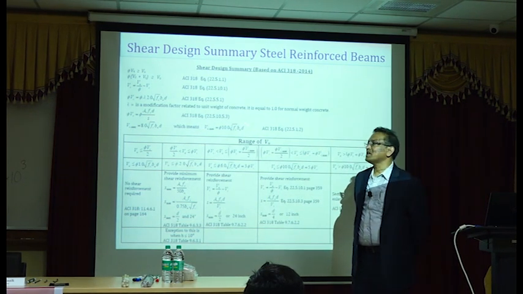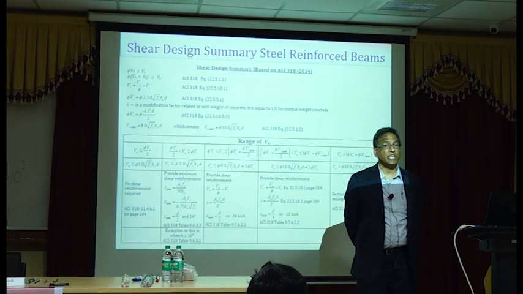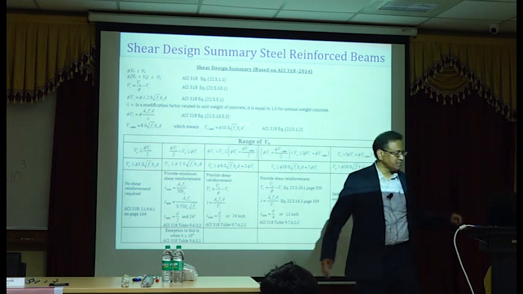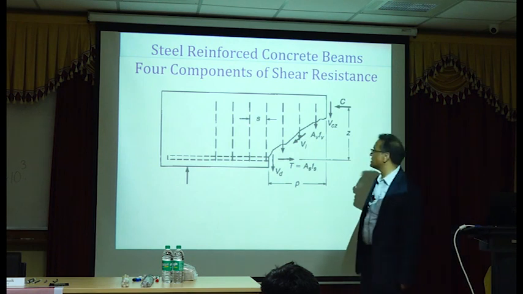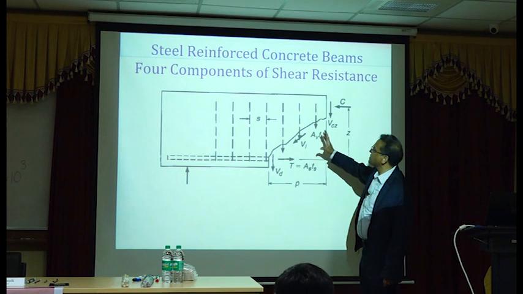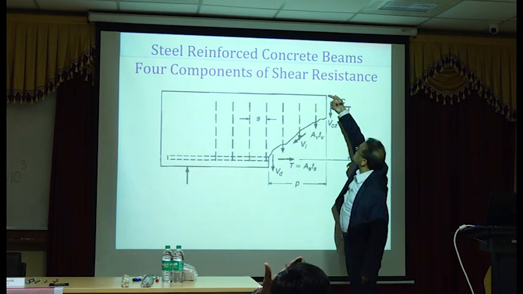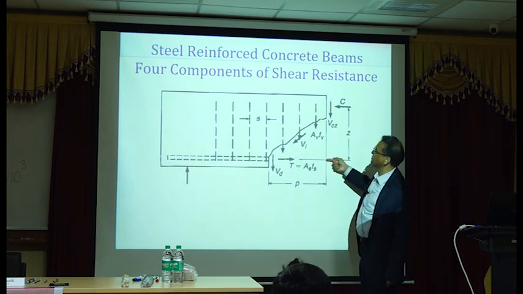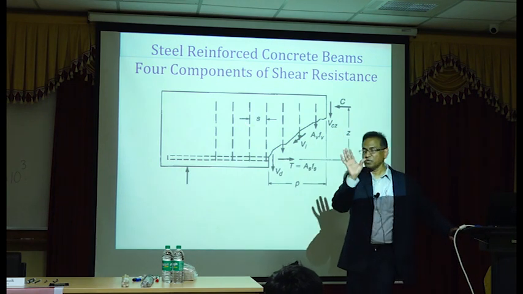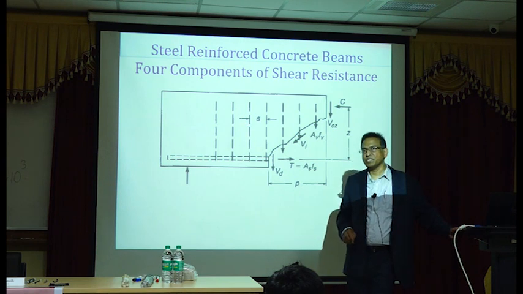In case of steel reinforced concrete, what is the shear area? In steel reinforced concrete beams, the shear area is defined as the effective depth times the width. That is the shear area. I'm sure you are using the same shear area in your equation.